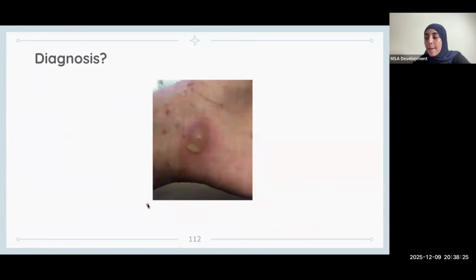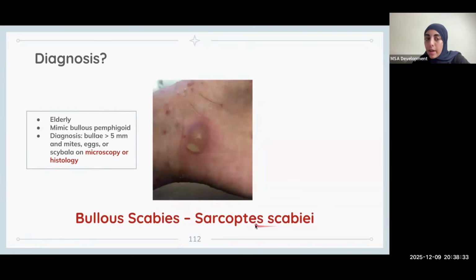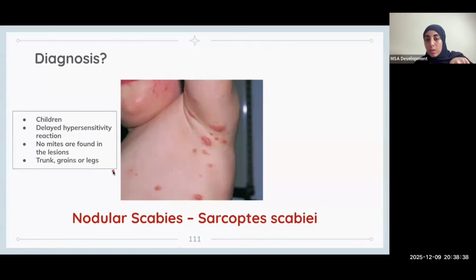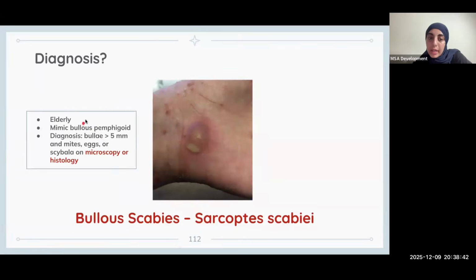What is this? This is bullous scabies, and again, same Sarcoptes scabiei. This is more seen in elderly, whereas the nodular scabies was more in children. The tricky thing in this one is that it mimics bullous pemphigoid.